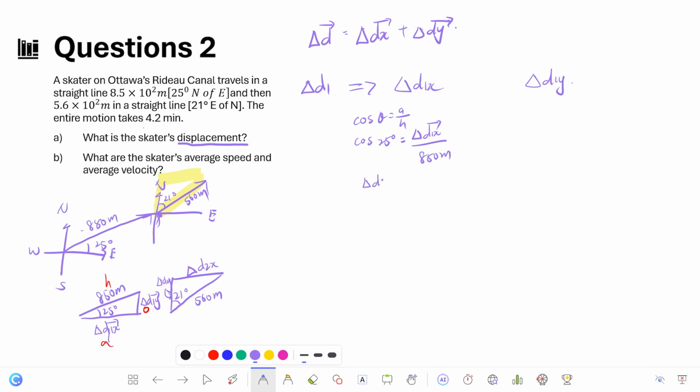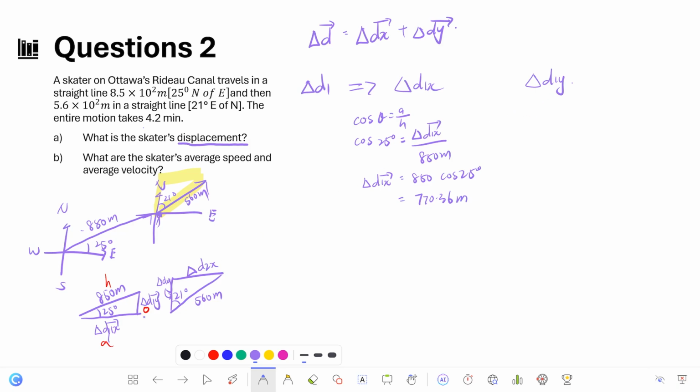So d1x, the displacement for the x component, is 850 cos 25, and the answer is 770.36 meters.